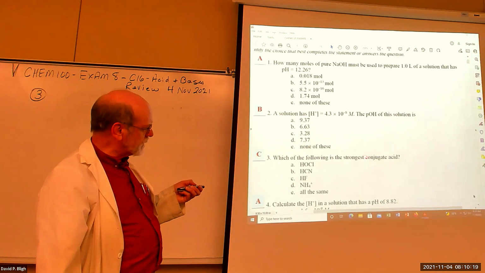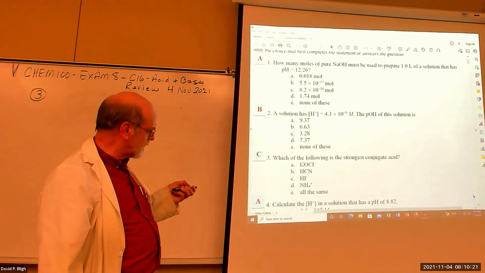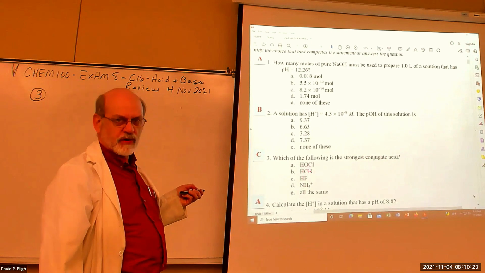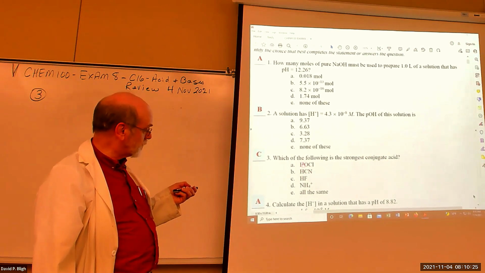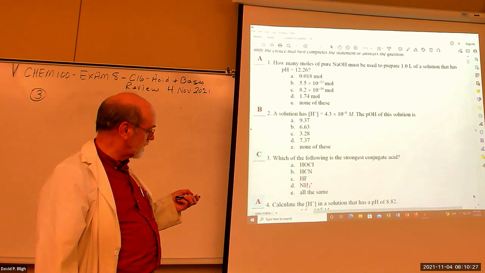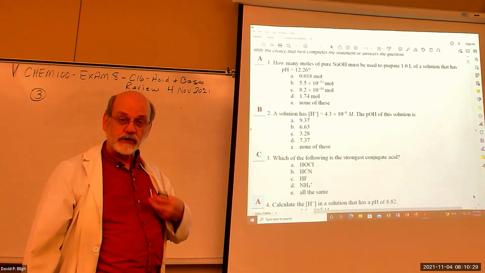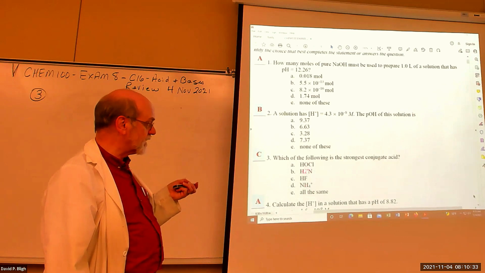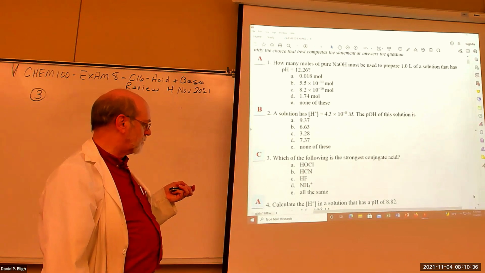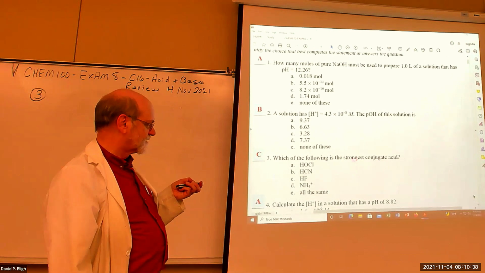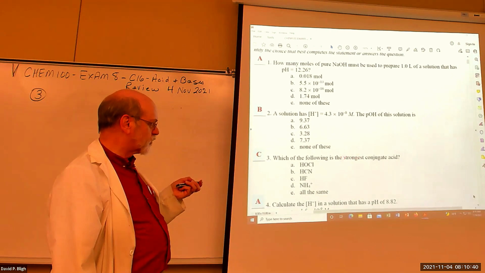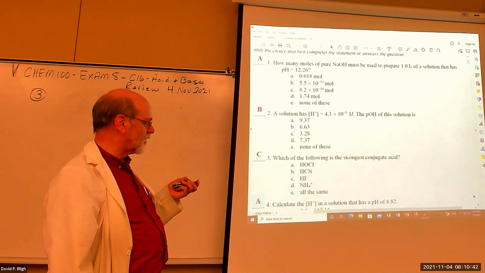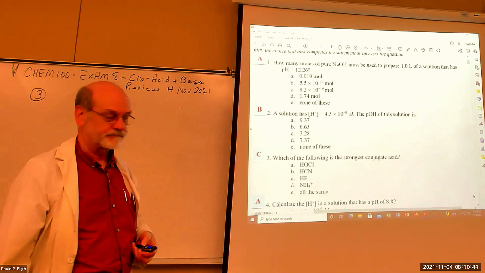In fact, we should probably not say conjugate acid because these are all acids, right? They're proton donors. That one has a proton to donate. This one, this one. That ammonium ion could lose one of its protons, right? So these are all acids to begin with. Which one is the strongest of all these acids? Let's put it that way.